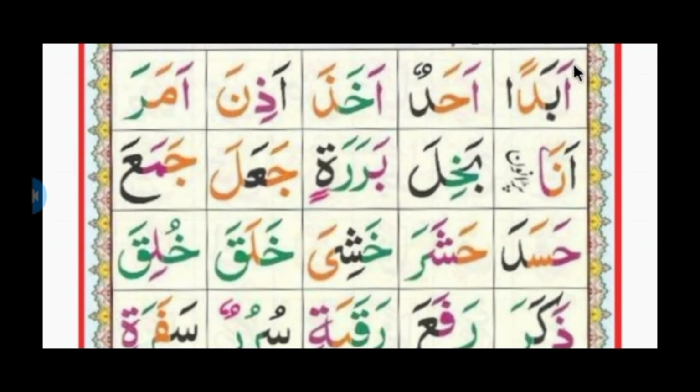Hamza Fatha, A. The sound of Hamza Fatha will be A. In the black color, this letter is Ba because it has one dot on the bottom and it has Fatha on it. So Ba Fatha, Ba. The sound of Hamza Fatha and Ba Fatha together is Aba.